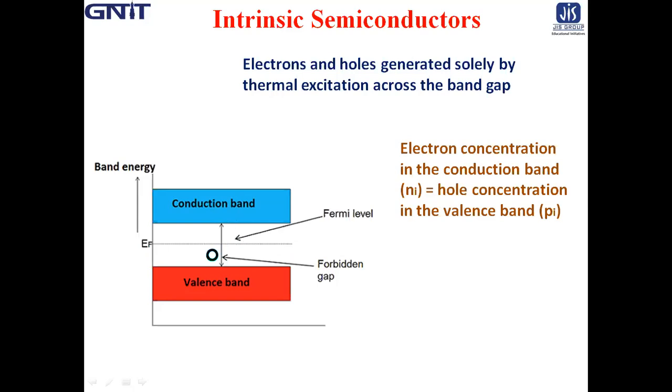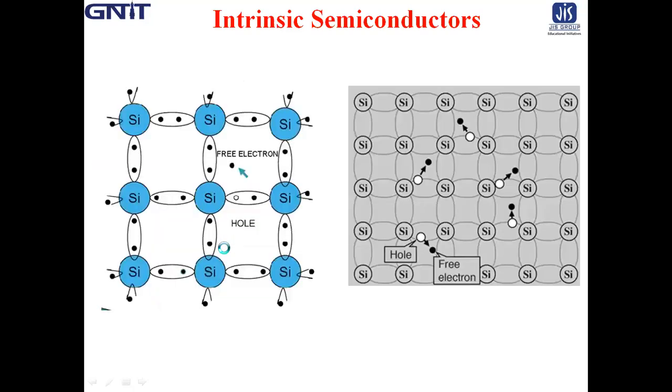In other words, the Fermi energy level of an intrinsic semiconductor lies close to the middle of the forbidden gap. Now, for intrinsic semiconductors, silicon is the most important and widely used semiconductor in electronic devices. Silicon basically possesses the diamond structure.